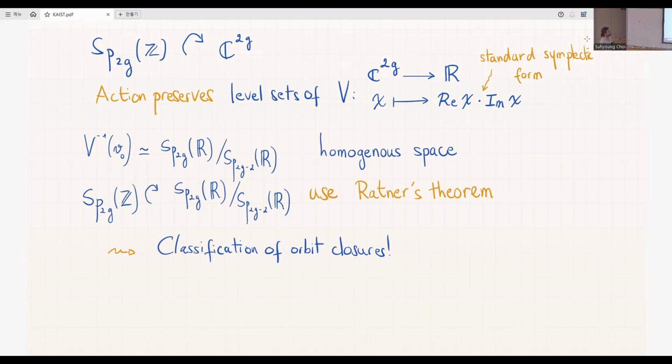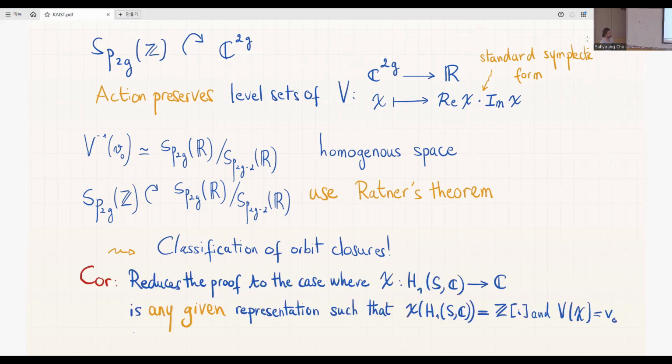So what we can do is use Ratner's theorems, which are general theorems of dynamics on homogeneous spaces, and we can get a complete understanding of the orbit closures for this action. I will not tell you exactly how that goes.